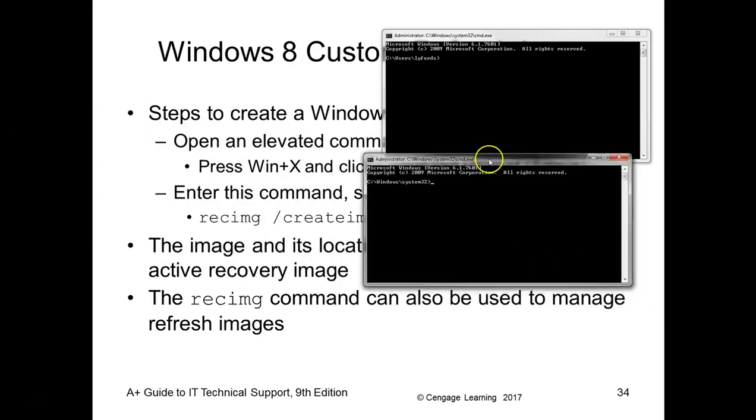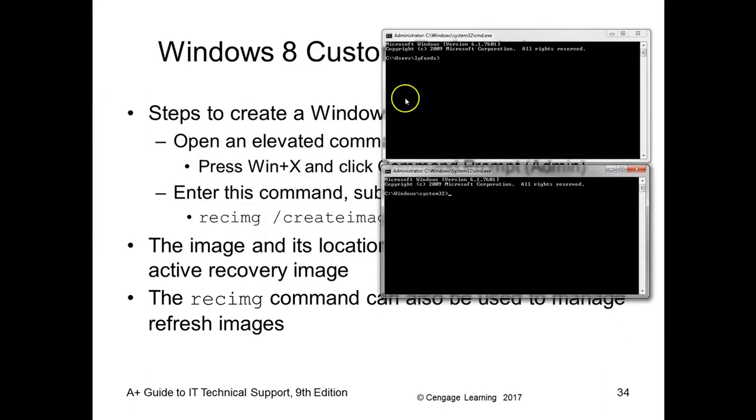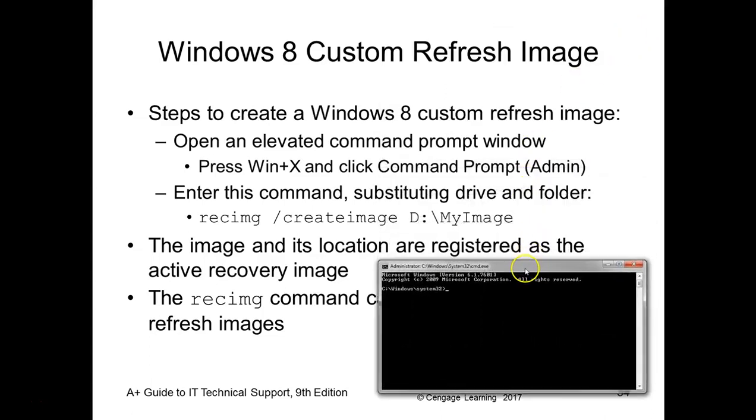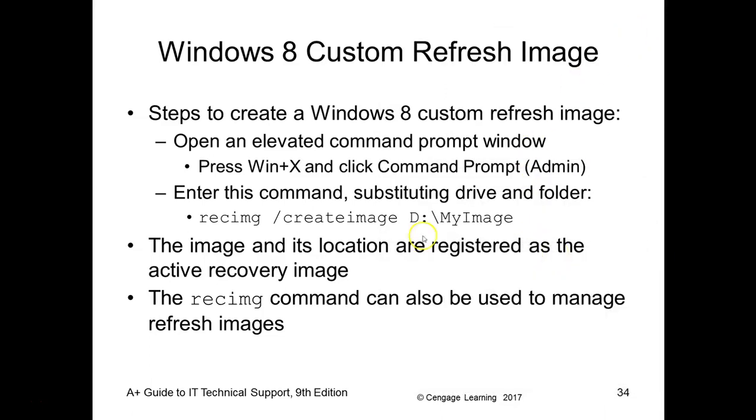When you do that, the window is going to be slightly different. Notice both of them show Administrator at the top, but look at the difference in location that you're starting. When you start at Windows System32, you know you're running in an elevated command prompt, so you have more leverage on the commands that are taken. So keep that in mind.